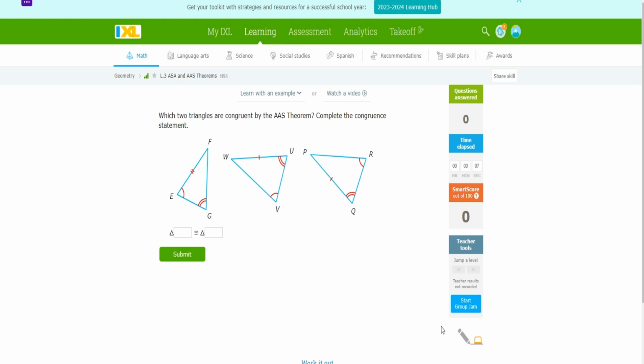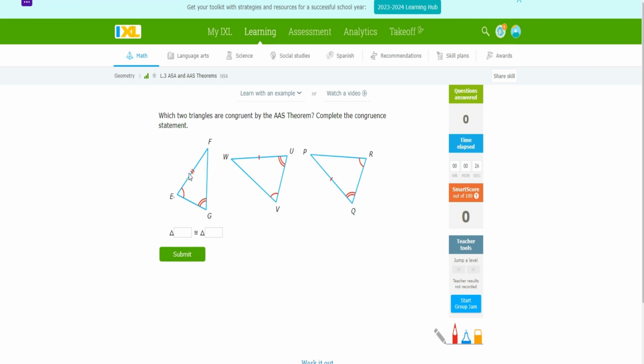So let's play process of elimination. Use my tools here. If I look very, very closely, sorry, I'm using the eraser tool, this is not congruent to anything else here.